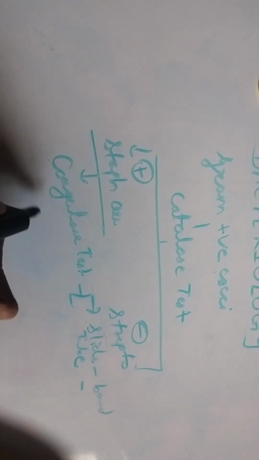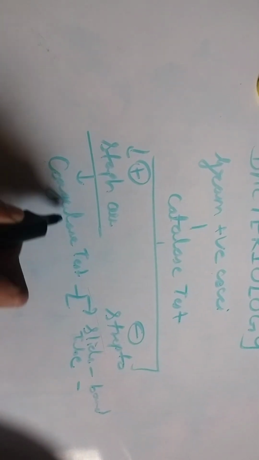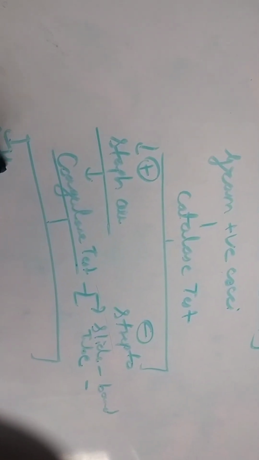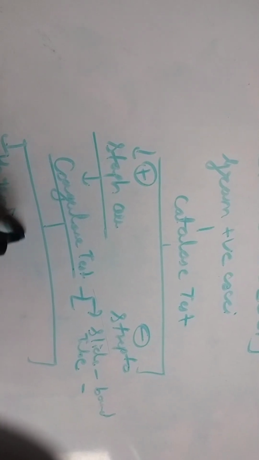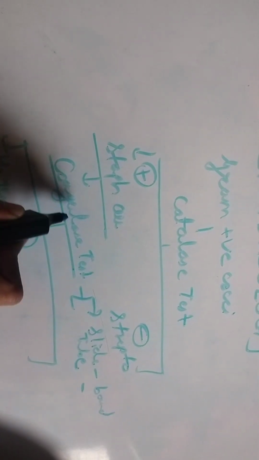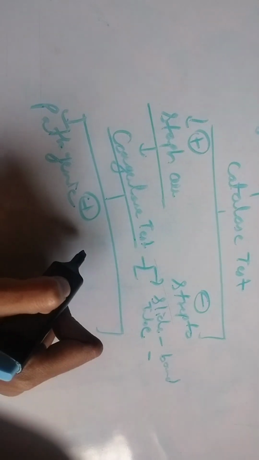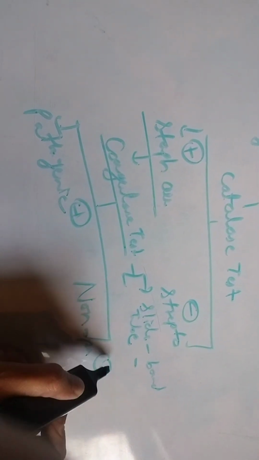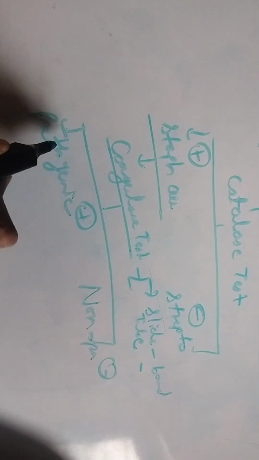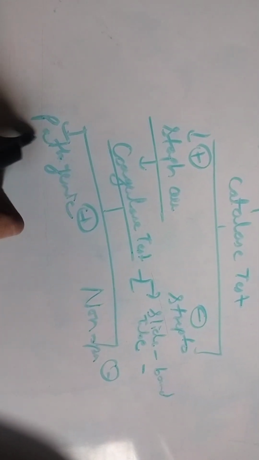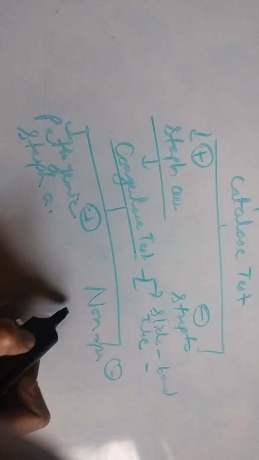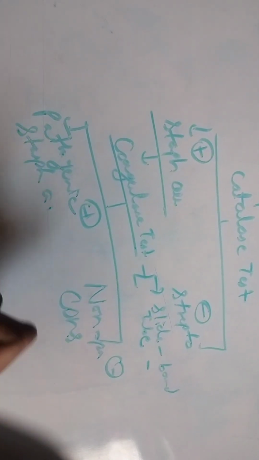On the basis of the coagulase test, it is further divided into pathogenic, that is a positive coagulase test, and the non-pathogenic, that is a negative coagulase test. The example of a pathogenic one is Staphylococcus aureus, and the non-pathogenic is the CoNS species.